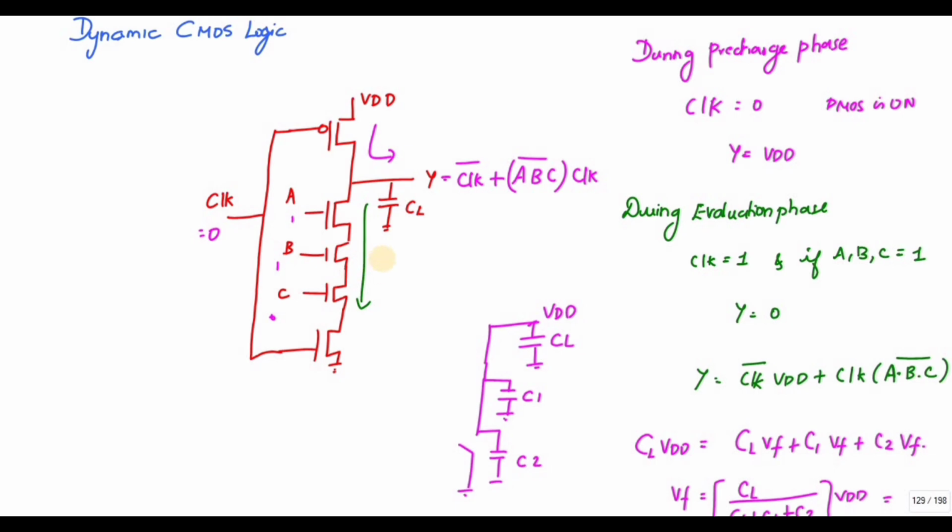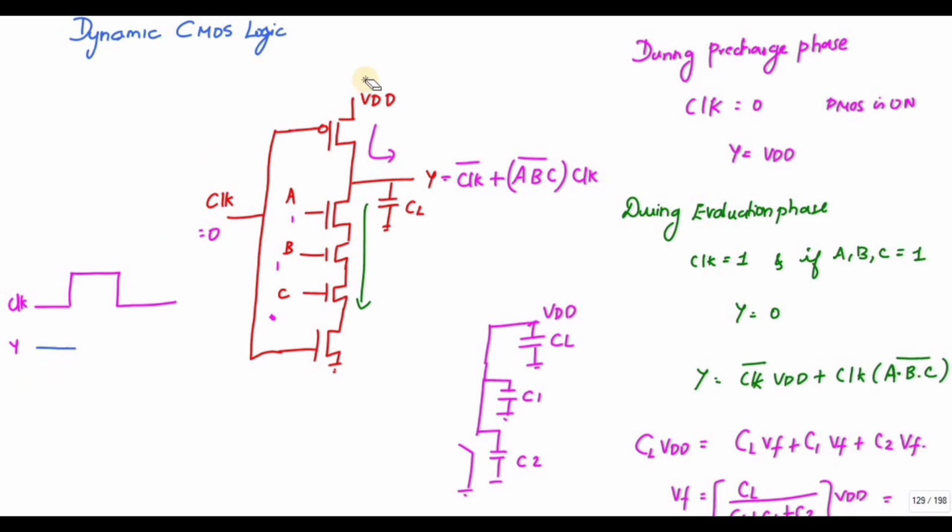So this is the pre-charge phase, and this one is the evaluation phase. This is for the clock. When the clock is 0, my output goes to 1.